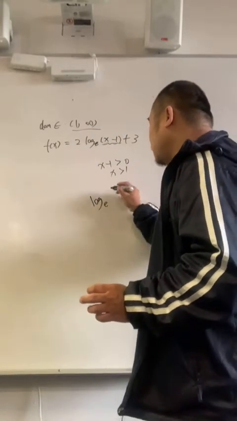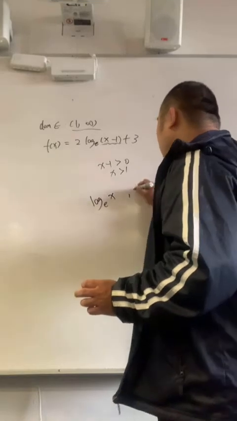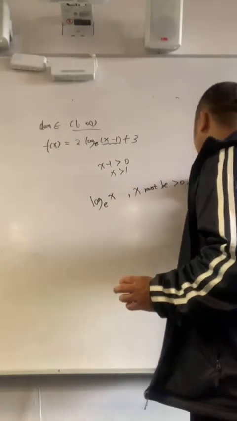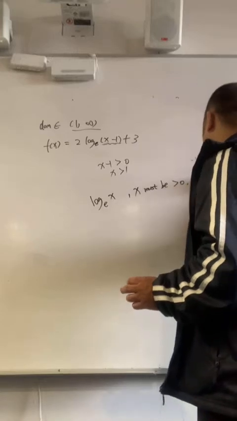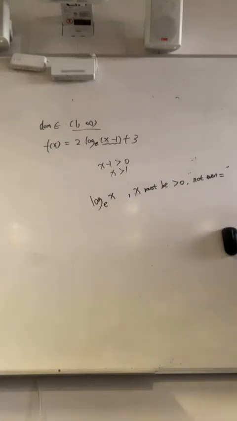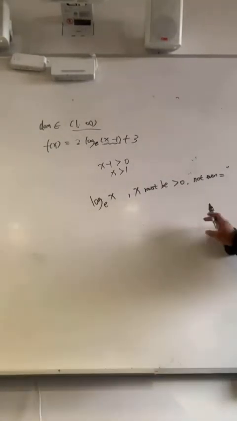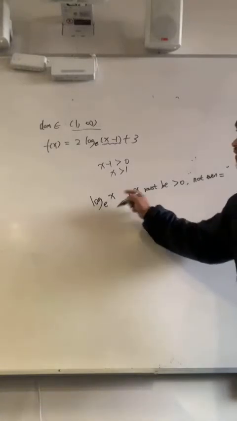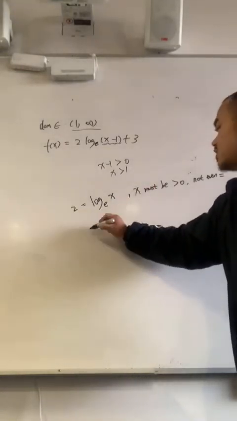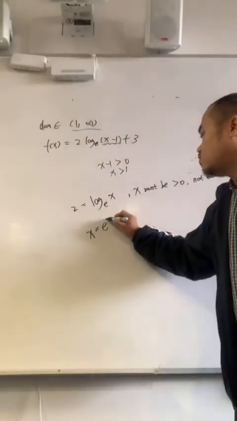So log something, let's say x. x must be bigger than 0, not even equal. If you want to know why, that's easy to explain: if you transform to the exponential form, x equals e to the power of 2.